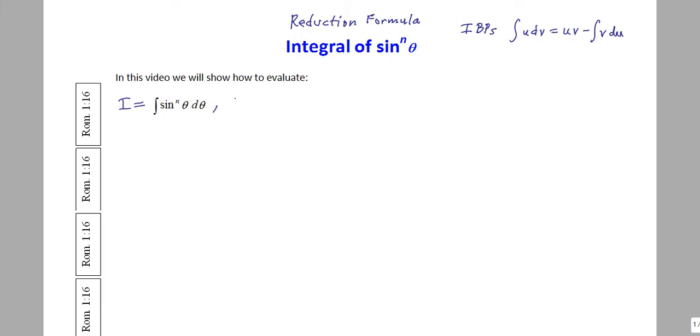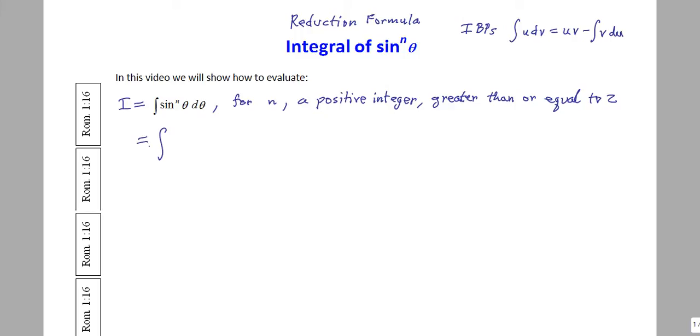So this is going to apply for n, a positive integer, greater than or equal to 2.